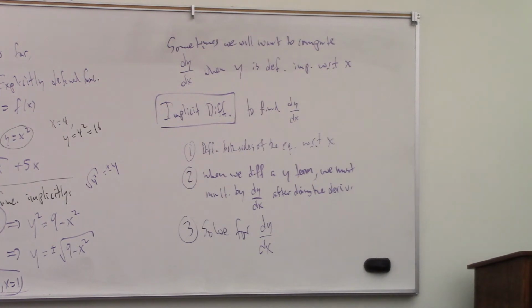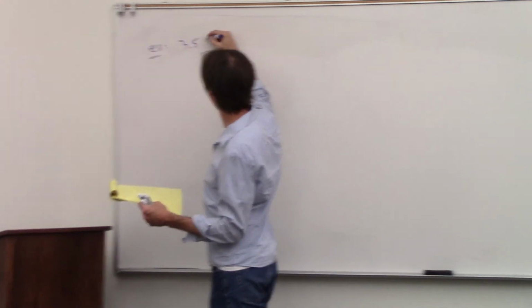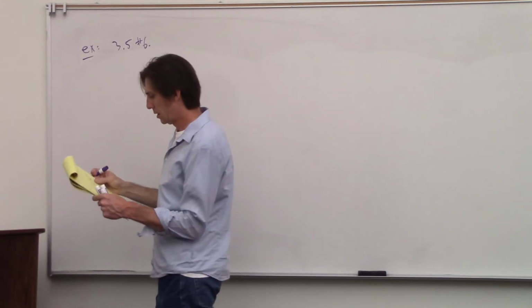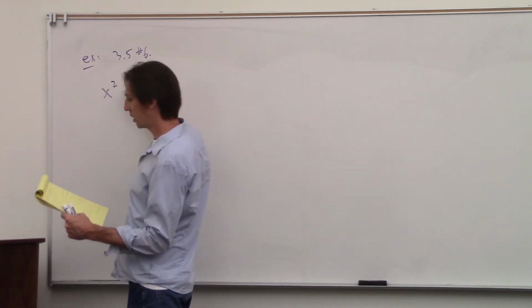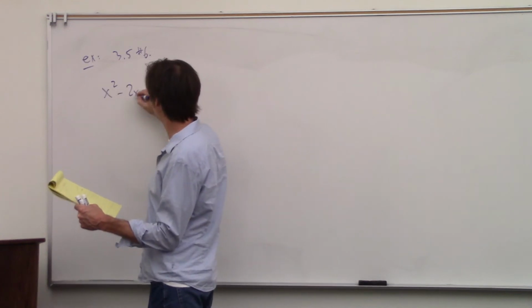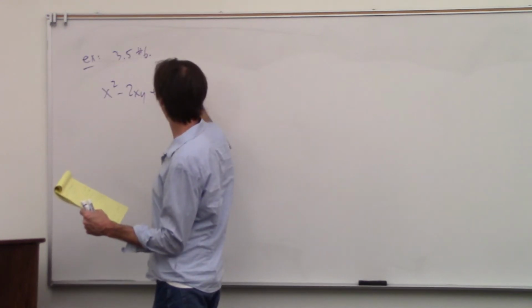All right, let's look at an example. This is a special case of 3.5 number 6. We're given x squared minus 2xy plus y cubed equals 8.